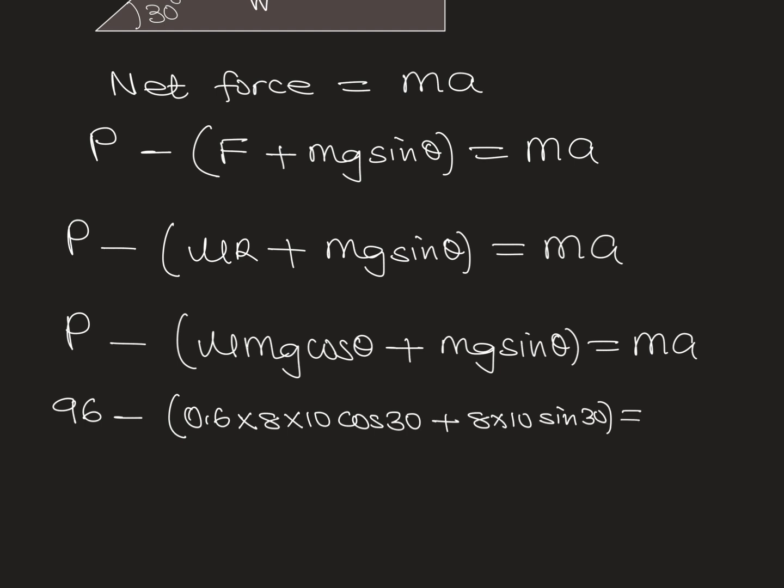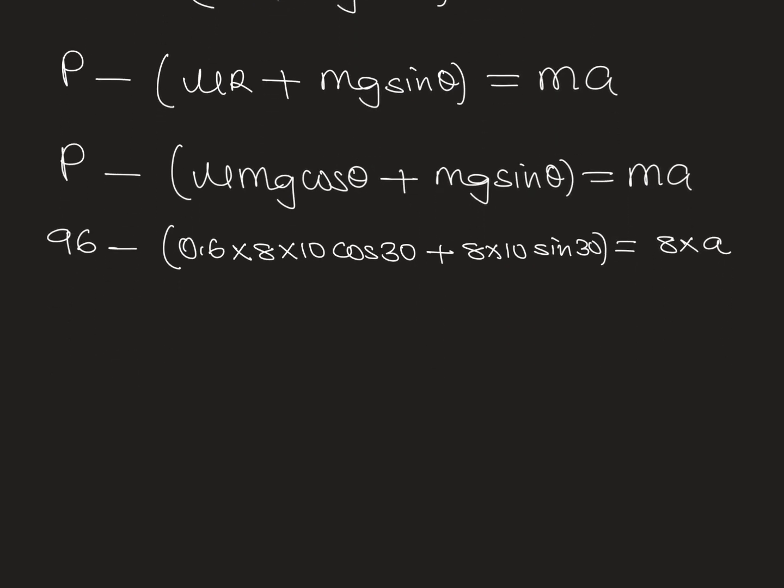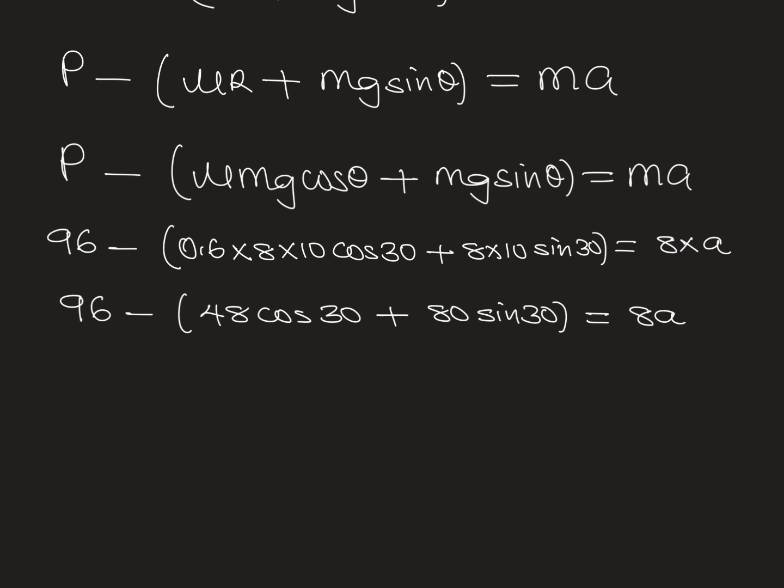This is equal to mass of the object, 8, multiplied by the acceleration. So we're going to have 96 minus 0.6 times 8 times 10. That will be 48. So we'll have 48 cos 30 plus 8 times 10 is 80. So that will be 80 sine 30. This is equal to 8a.